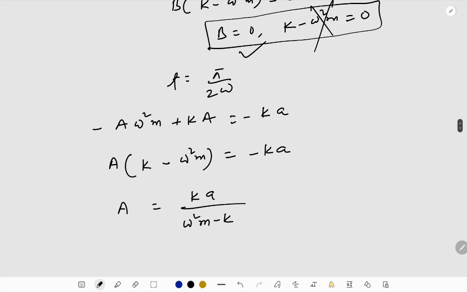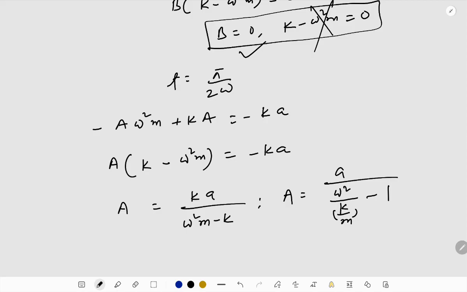And the second solution comes from here, that omega square m minus k is not equal to 0. Then A can be written as a divided by omega square, k by m minus 1.